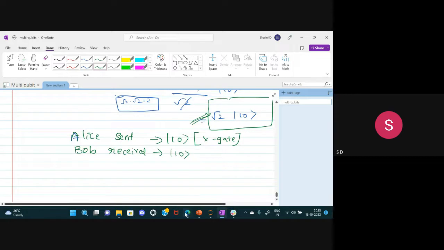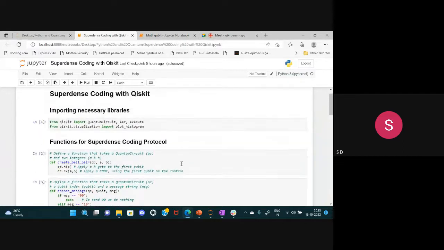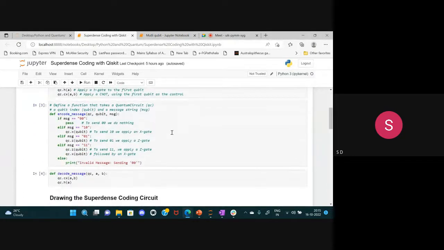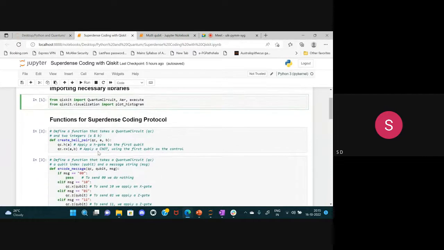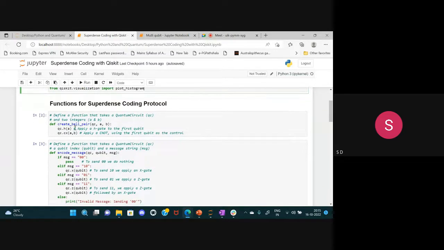Now we can quickly go to the code. Now we are just importing the libraries, and then we are using the functions. For this we need to have a little bit of background in Python. As I've already mentioned, the first step to create superdense coding is to create the Bell pair. How do we create the Bell pair? We use H gate and CX gate to form the Bell pair.